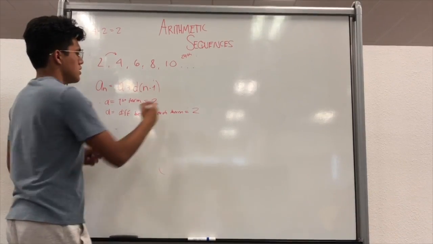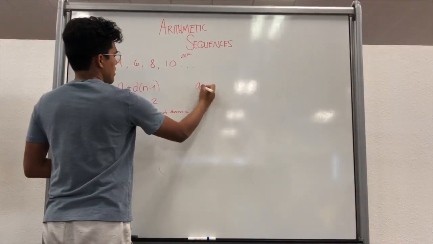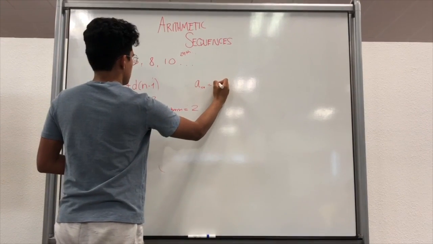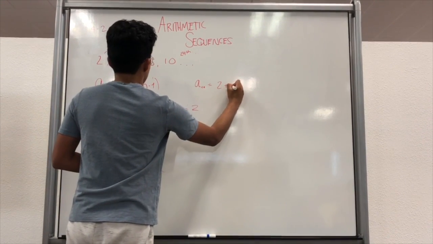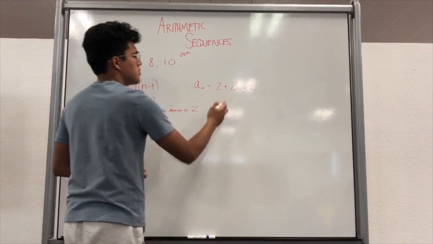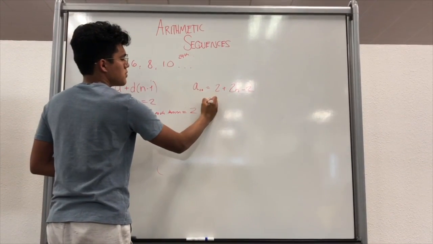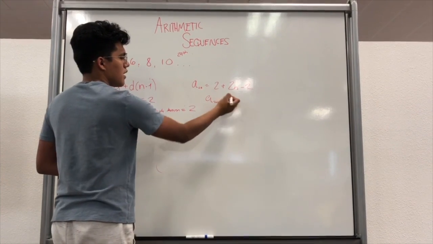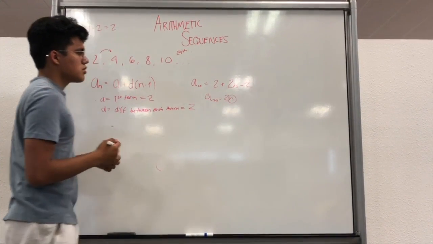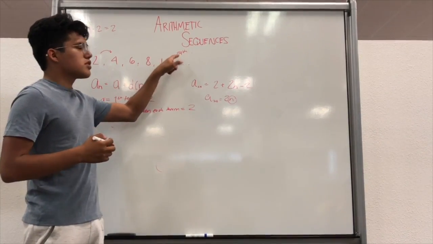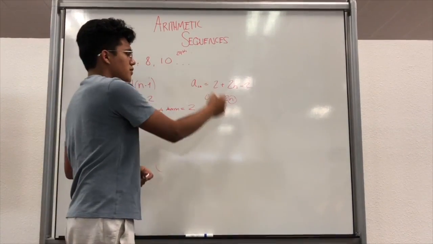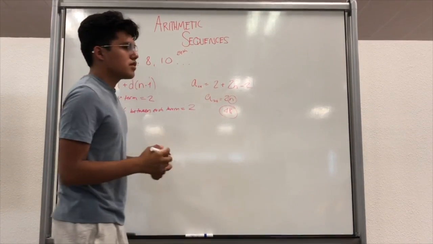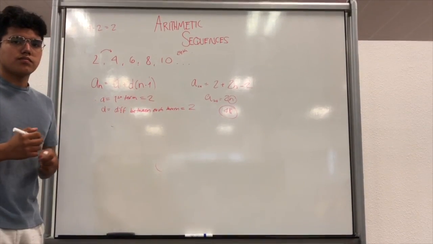For example, here you will do A of n is equal to 2 plus 2(n minus 1). That would be equal to A of n equals 2n, and then you plug in for n the term that you're looking for, which is 24. That is 48. And that's how you find the term you're looking for.